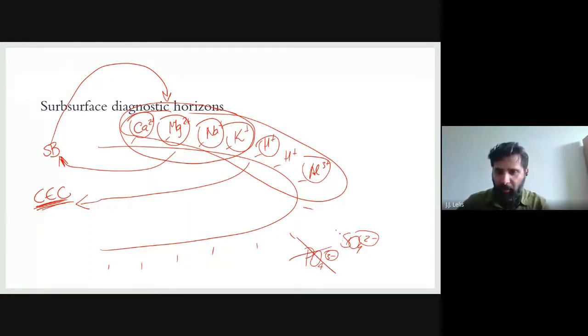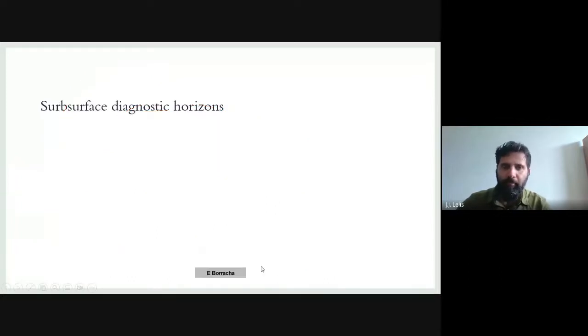So no, we don't use them, we only use positive charge. We only use cations, okay? Because they are related to negative charges. Okay, very good.